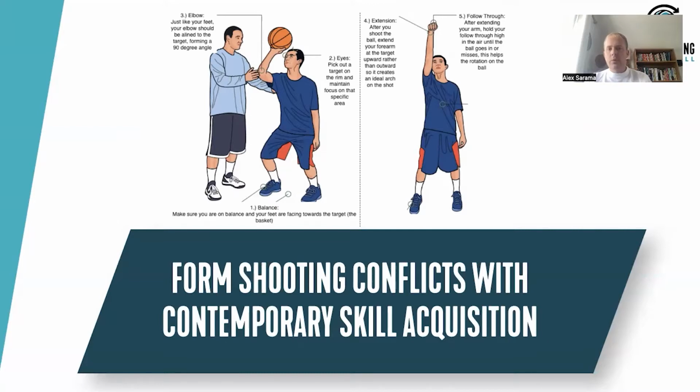So, when we look at form shooting and maybe the 5 design principles of a nonlinear pedagogy, well, let's start with the fact, number one, representative. It's not representative because, well, there's no defender, that's obvious, but it's so controlled that players will never even shoot in a game from the distance that they practice form shooting from.